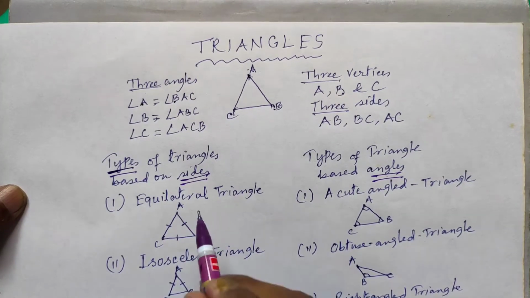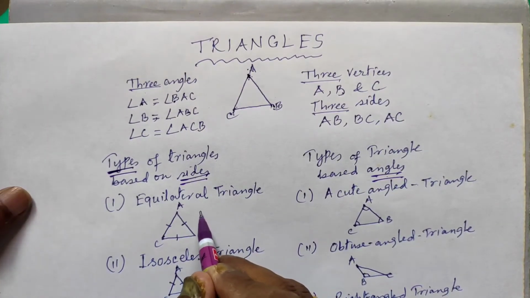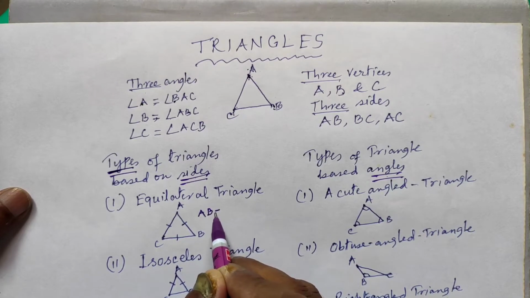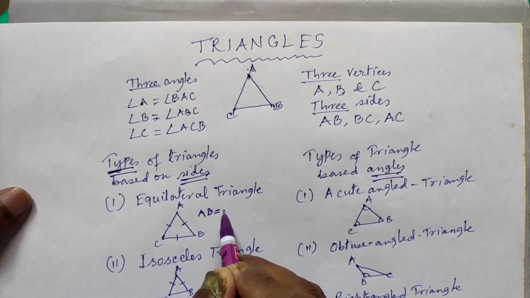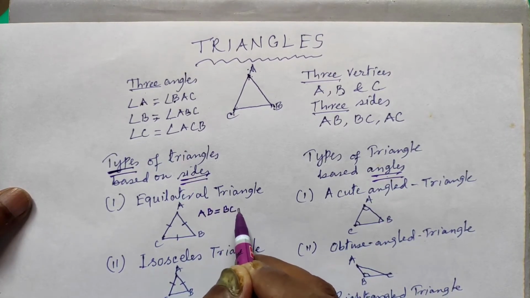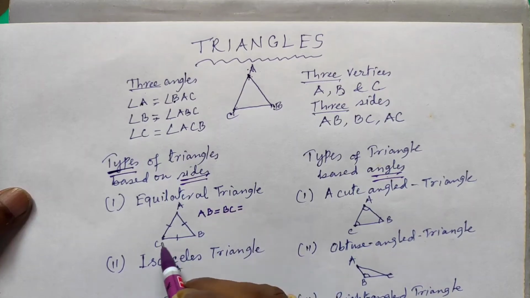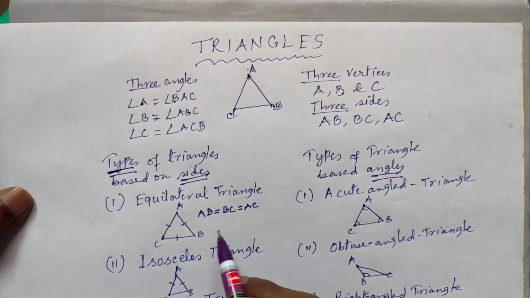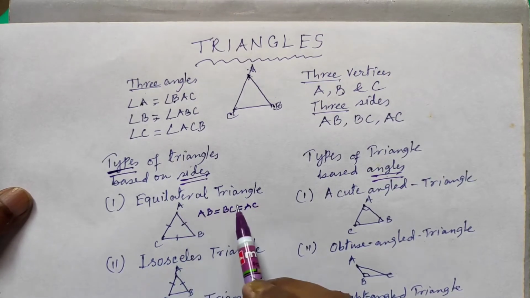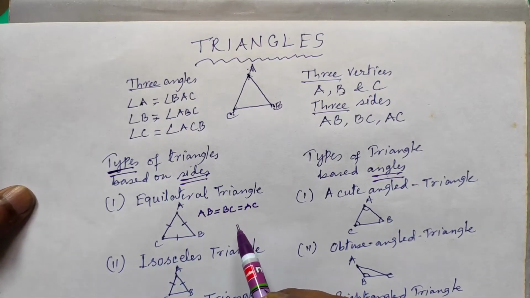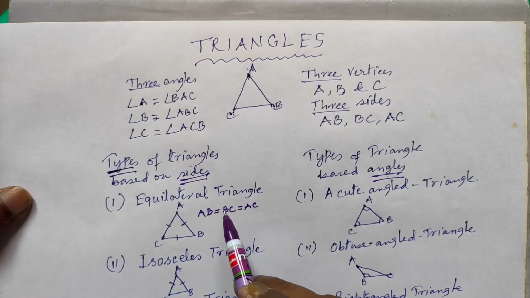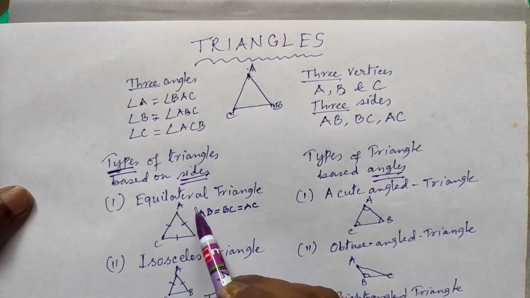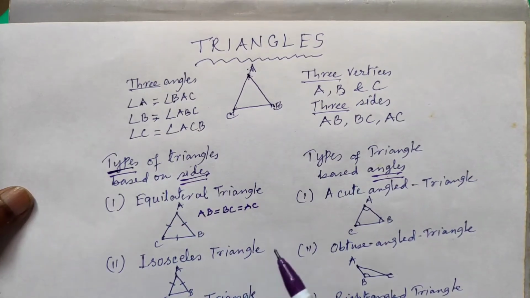That means if I say side AB equals side BC, again equals side AC. This name is derived from the equal sides, that is why it is called equilateral.